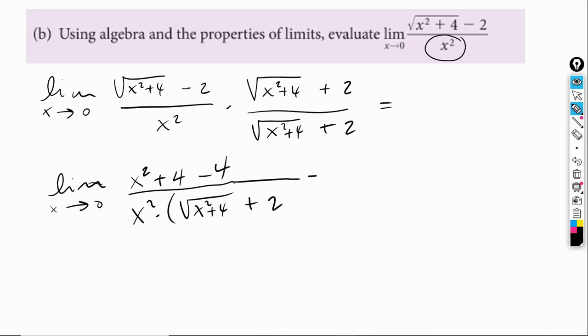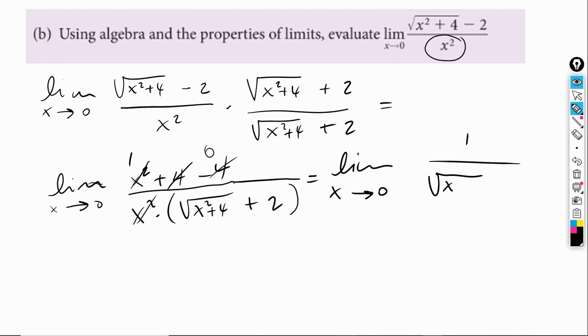So notice what's going to happen here. So 4 minus 4 will cancel out. This will be 0. And then x squared over x squared will be 1. Right? So what we're left with really here is to find the limit as x approaches 0 of 1 over the square root of x squared plus 4 plus 2.